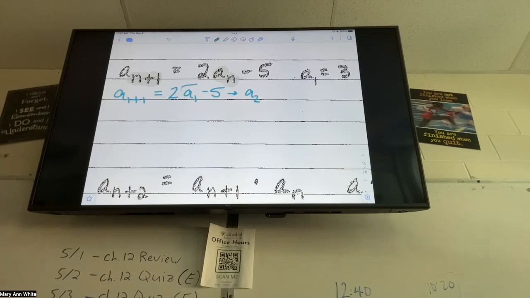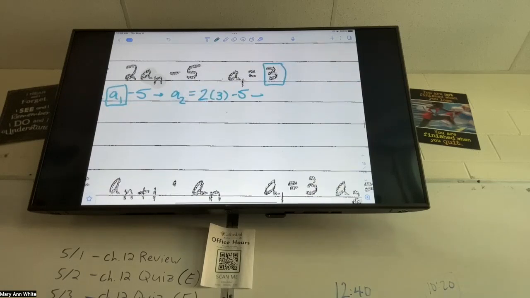And we know that a sub 1 is 3. So I'm just going to take 3 and sub it into this equation, and that's going to give me my second term. 2 times 3 minus 5 is going to be 6 minus 5. So a sub 2, my second term, is going to be 1.